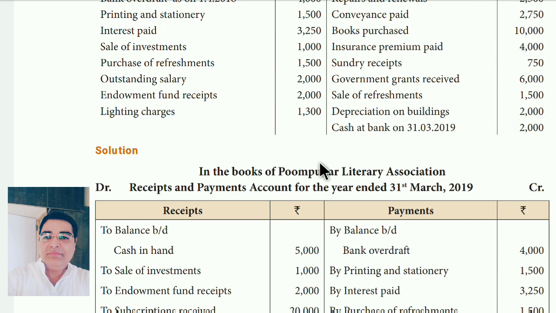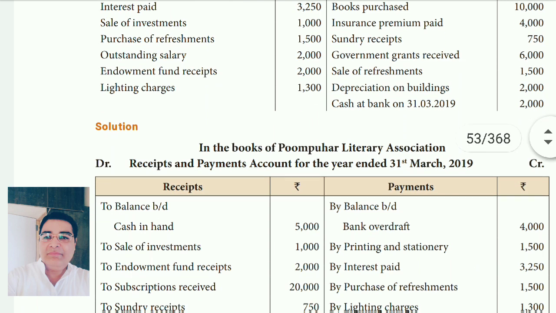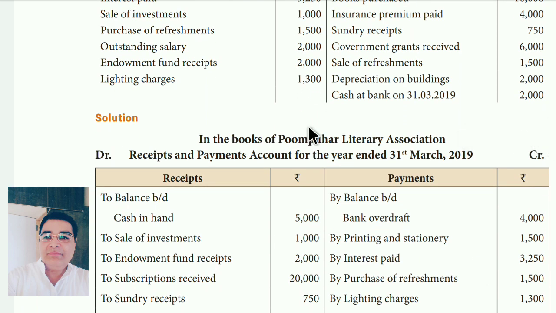So by printing and stationery rupees 1,500, because it is an expense, we have to write it in the payment side. Interest paid is an expense, so by interest paid in the payment side, means credit side. Then see the sale of investment. Sale of investment means it is a receipt. So we have to write in the receipt side, to sale of investment 1,000 rupees.